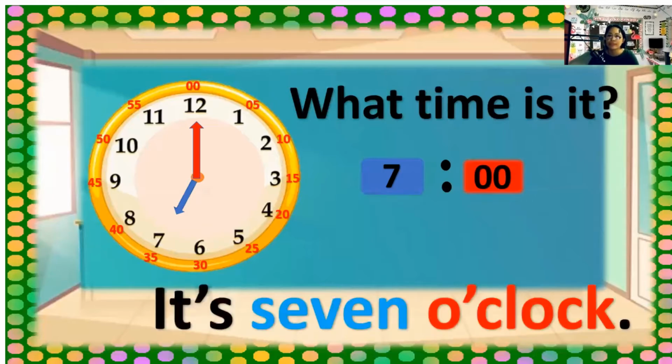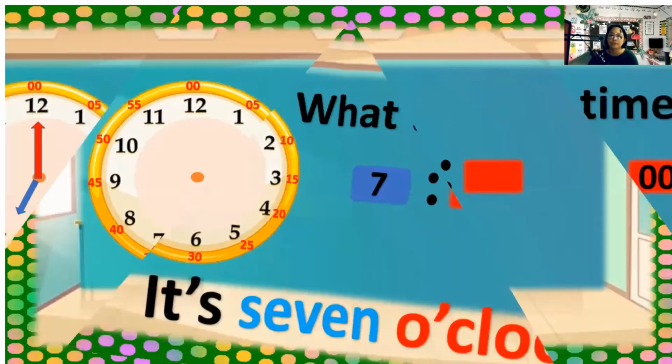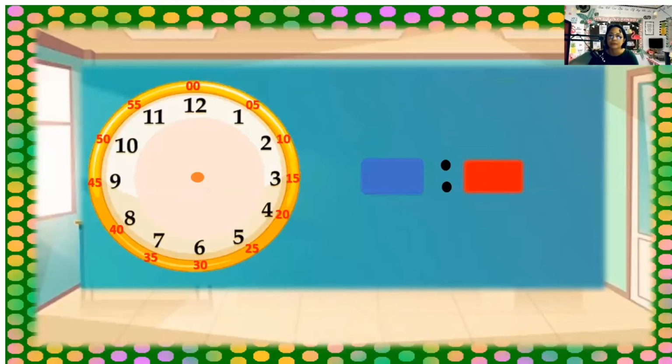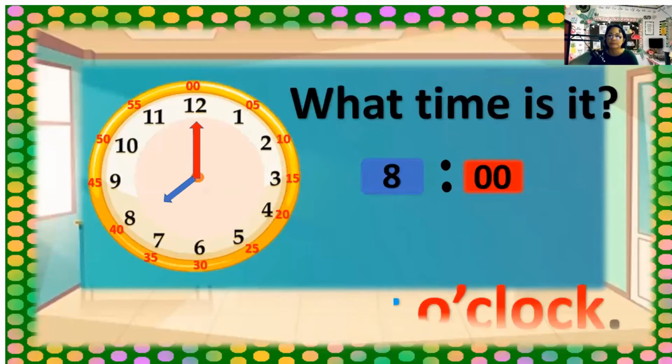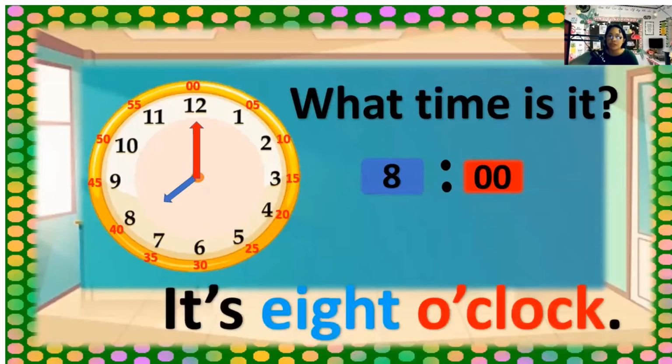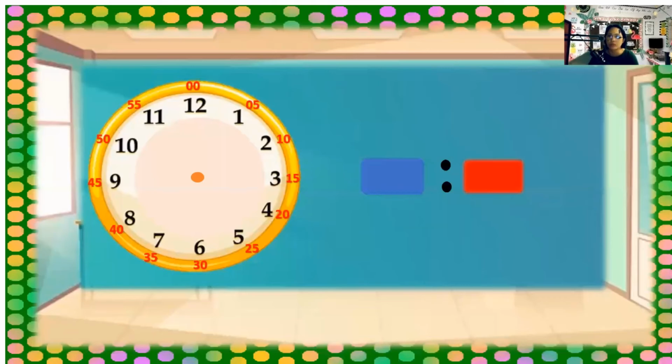It's 7 o'clock. Easy because we can count from 1 to 12. What time is it? It's 8 o'clock. You just have to look at the short hand where it is pointing.